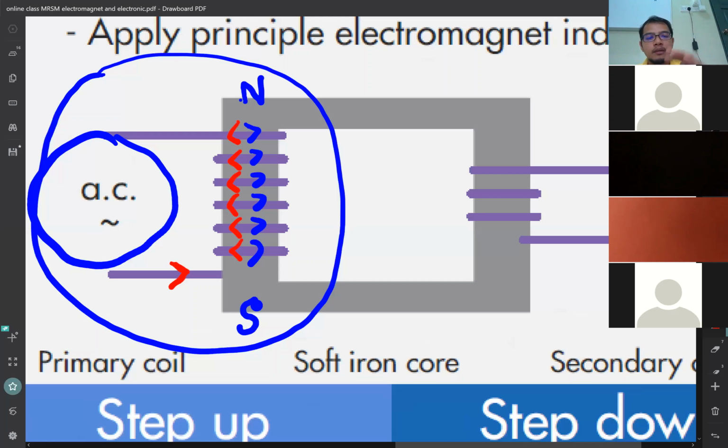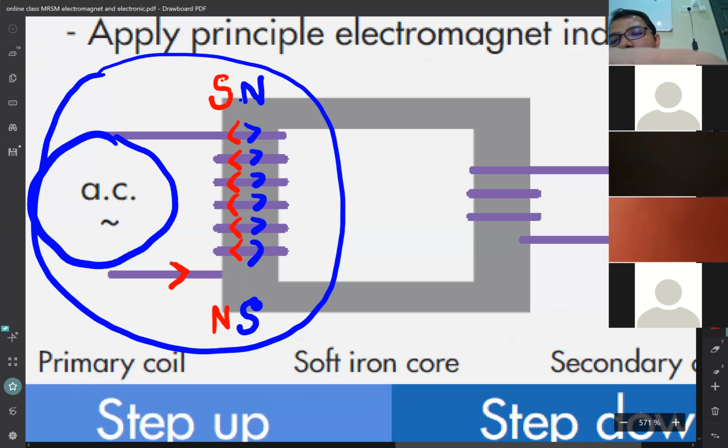So what happens for alternating current? It changes the pull of this solenoid, of this core. So even though the transformer doesn't move, this side is a changing magnetic field.